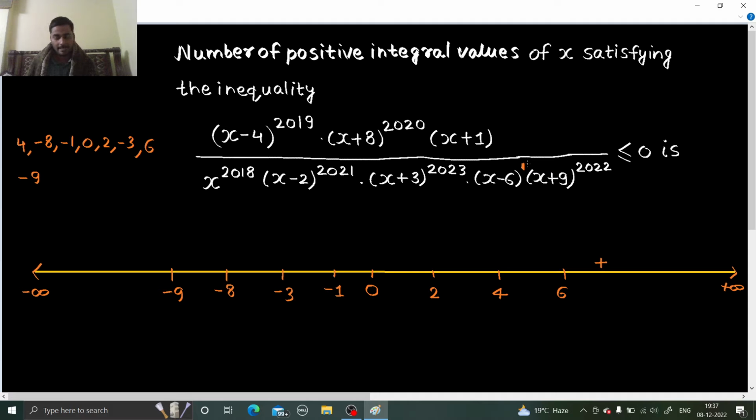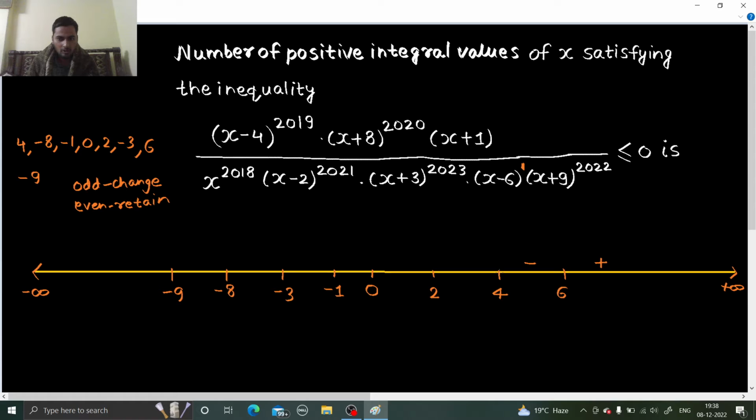Because 1 is an odd number, whenever you get odd, you change your sign, and whenever you get even, you retain the sign, that means you will not change the sign. So crossing this 6, which is coming from this bracket, the power is 1, that means odd, we will have to change the sign, so there goes a minus sign.